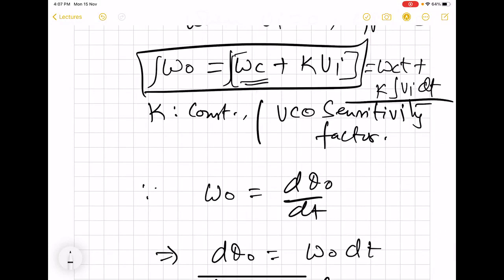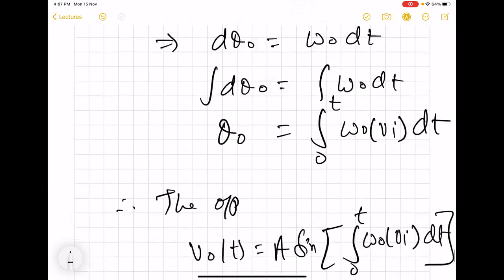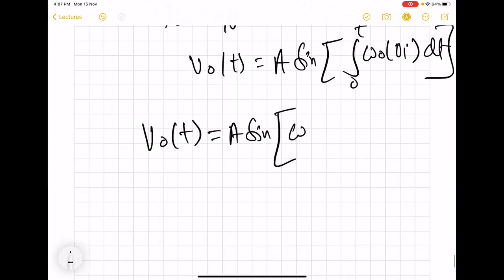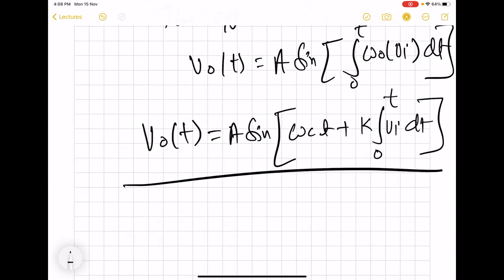So it is this expression which will be the argument of the sine function: omega ct plus k into integral of Vi dt. So it is this output which will be produced by the VCO and also by the PLL, because the PLL output is the same as the VCO output.